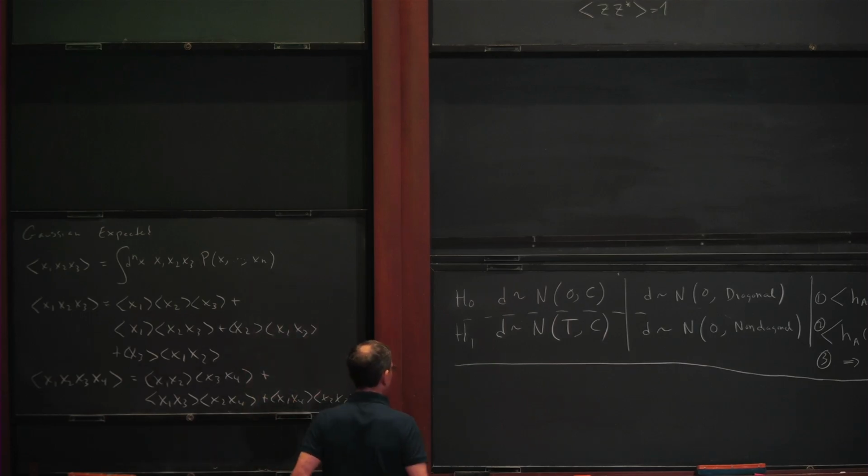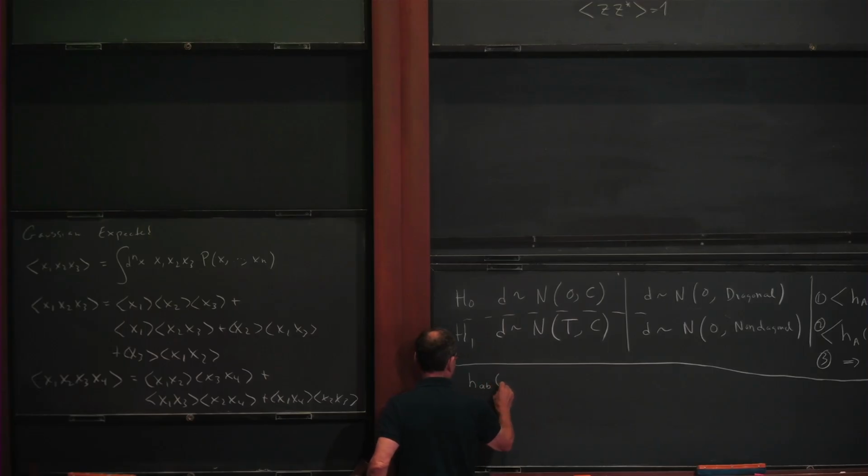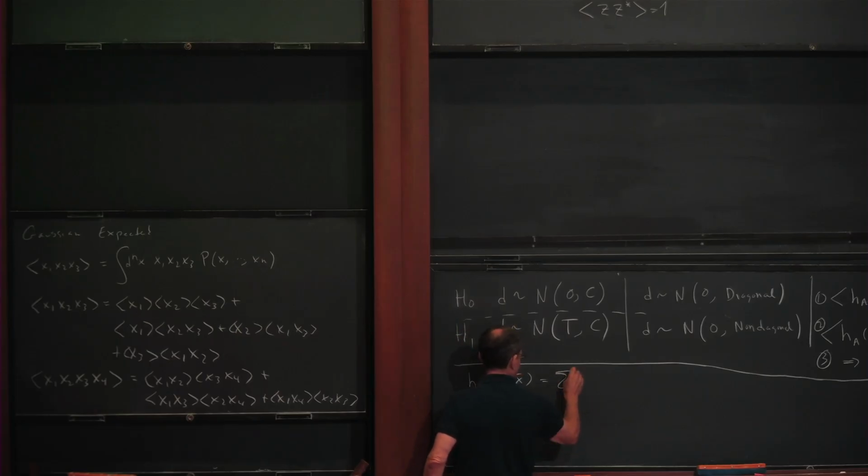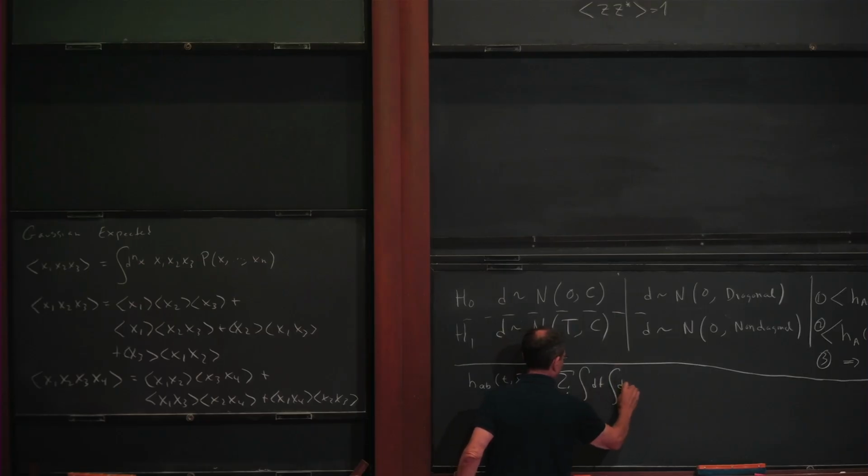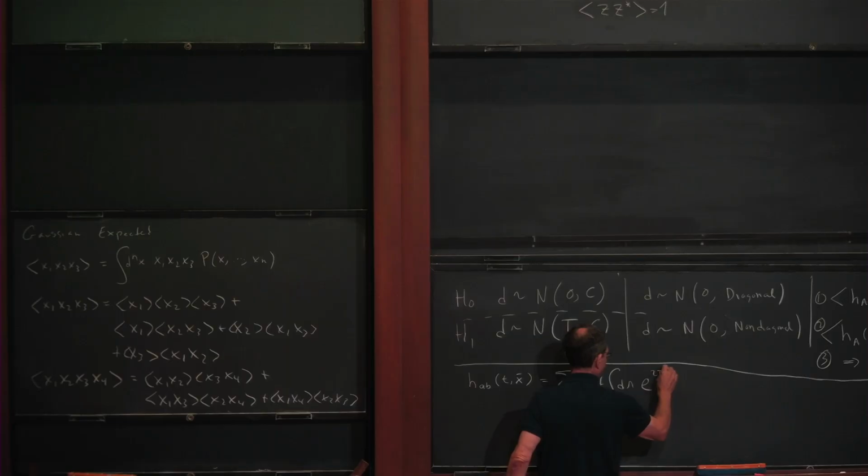Let's take our expression for the gravitational wave strain, h_AB of t and x. I'll remind you what that looked like. That's the sum over polarizations, integral over frequency, integral over directions. There is this exponential factor for the plane waves.